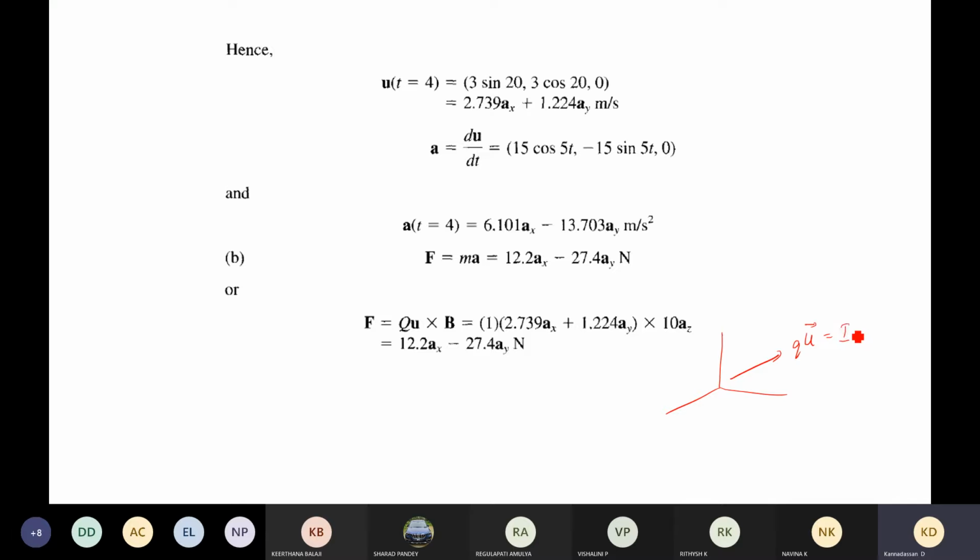This current, which is a moving charge, is supposed to produce a magnetic field. So it is very simple, you can apply the thumb rule. You will get the magnetic field in the anti-clockwise direction. That is a very simple one.